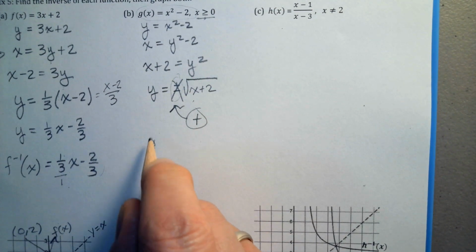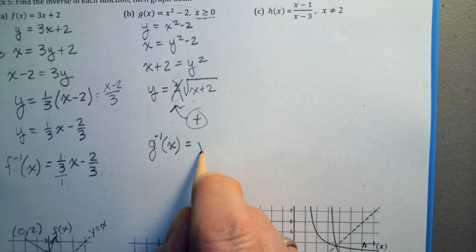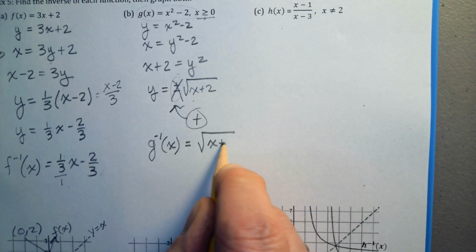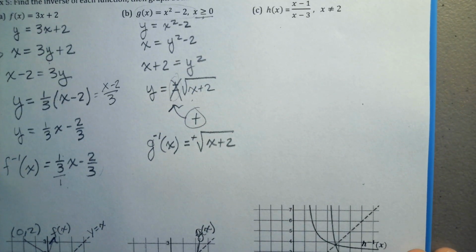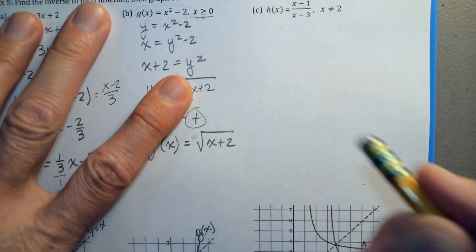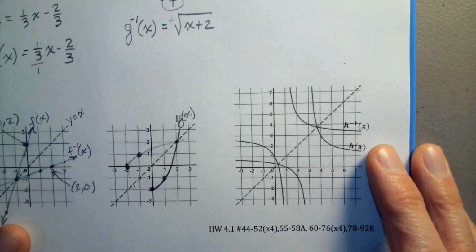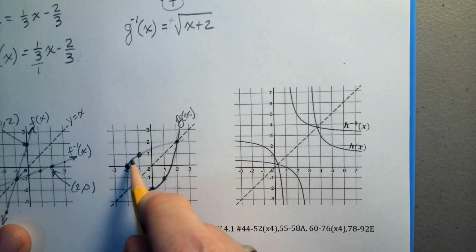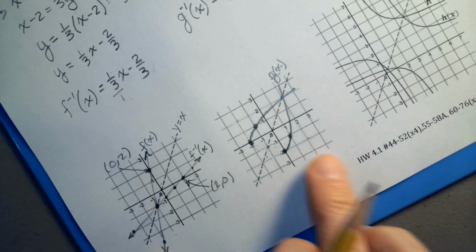We kind of forgot to do that. The inverse of g of x equals the square root of x plus 2, with the plus only. Okay, we don't really need to write the plus, but just to emphasize it, it's there. And so you can see, let's draw that in a little bit better, but you can see that there's a nice symmetry there.